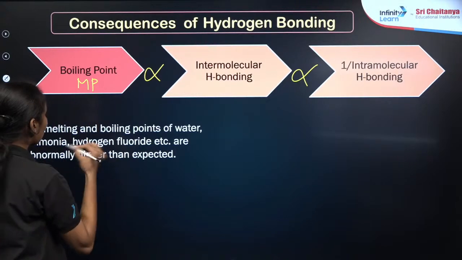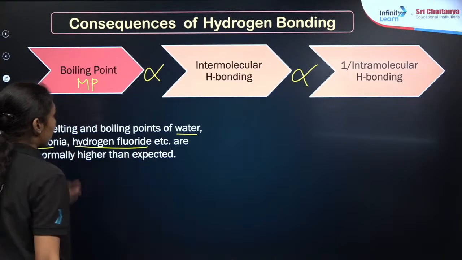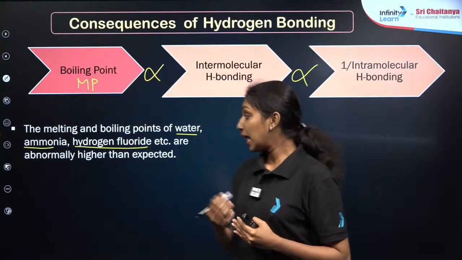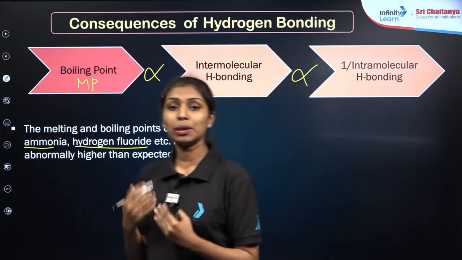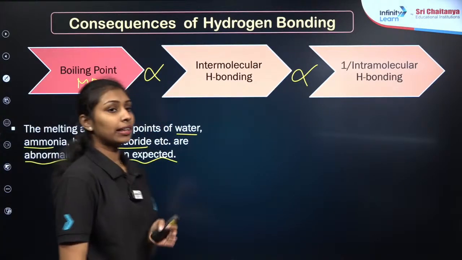The melting point and boiling point of water, ammonia and hydrogen fluoride, etc. are found to be abnormally higher than expected. What is the reason behind that?